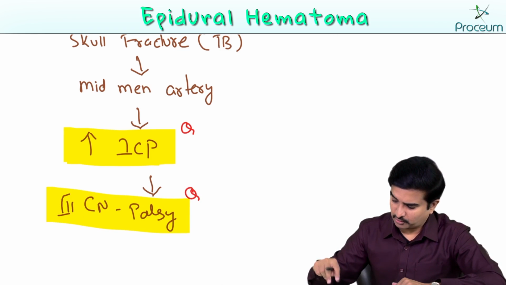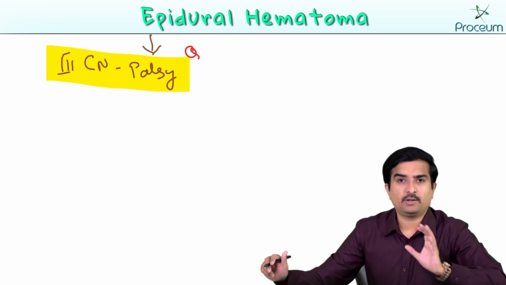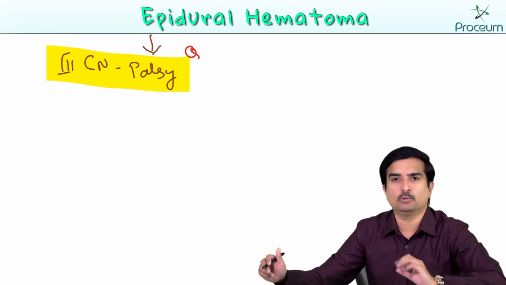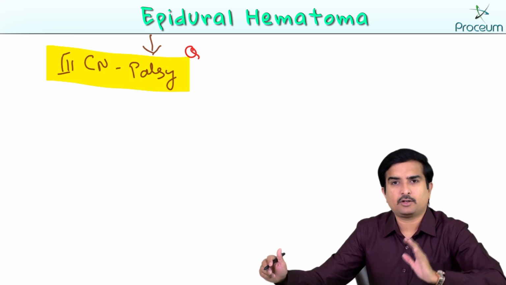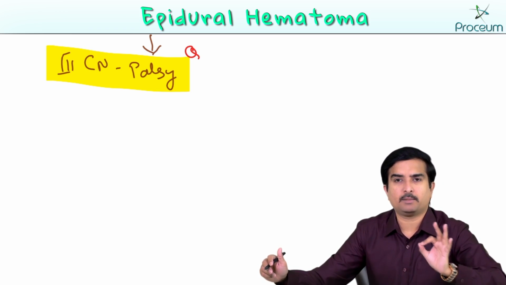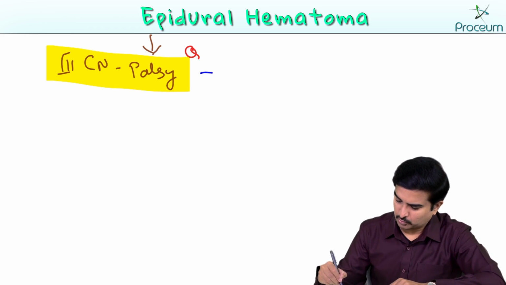What symptomatology are you actually expecting in this condition? Whenever there is a compression of the third cranial nerve, which is the oculomotor nerve, right, that results in the failure or paralysis of the iris sphincter muscle. So concentrate on that point also over here.